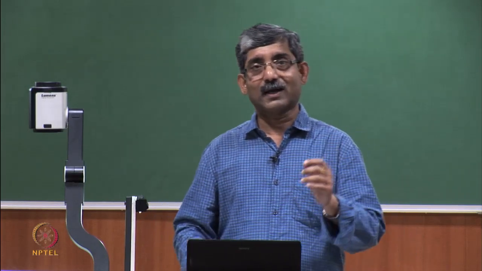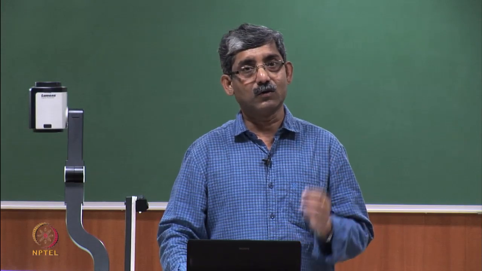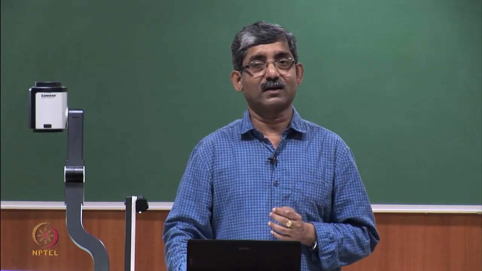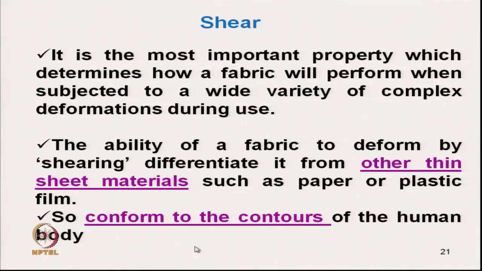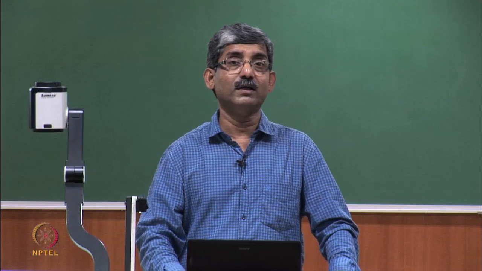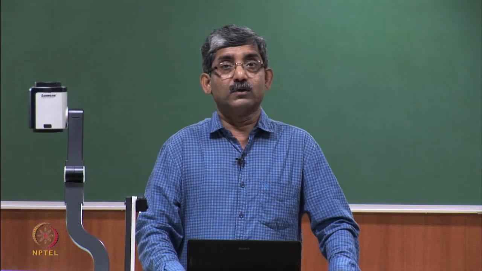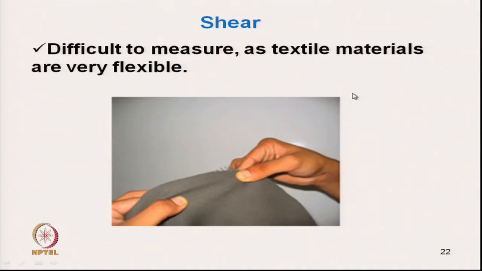That is the characteristic known as shear characteristics. Other sheet materials do not conform to the contour of the human body, and only textile material does that. So, shear characteristics is very difficult to measure, because the fabric is flexible.